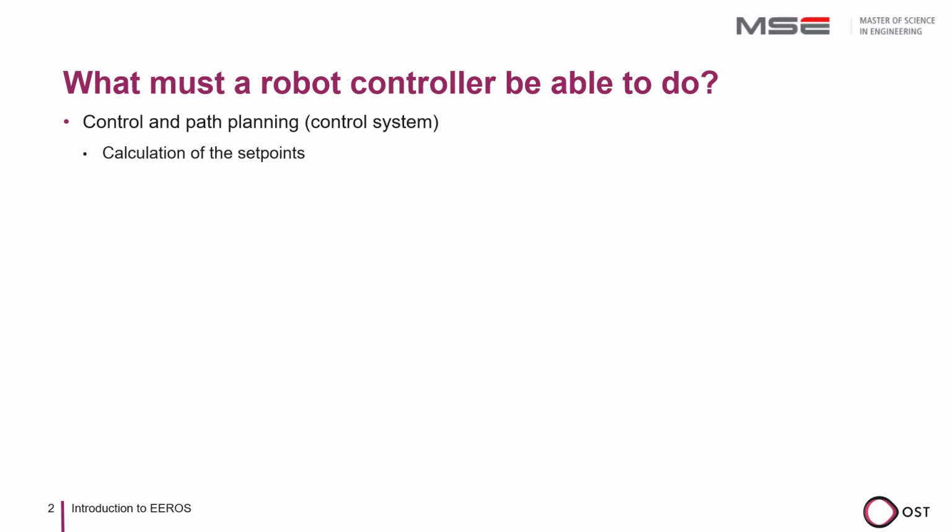A path planner calculates waypoints and thus set points for the controller from the specifications of the desired path movement. The controller compares the set point with the sensor values which it reads in using wheel and position sensors.